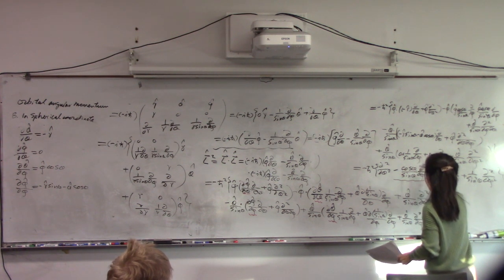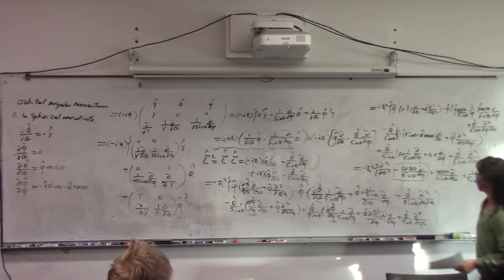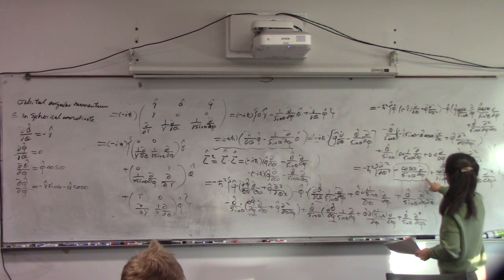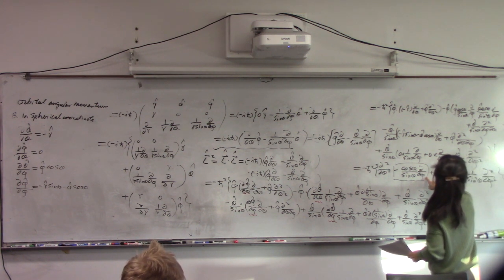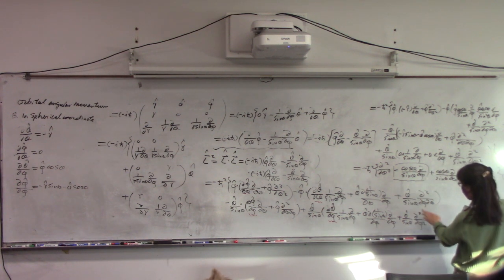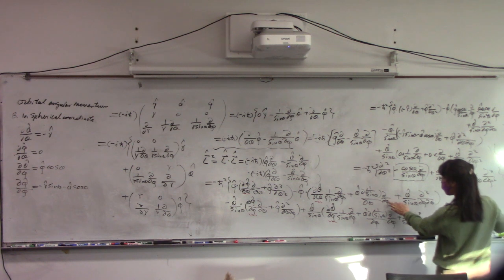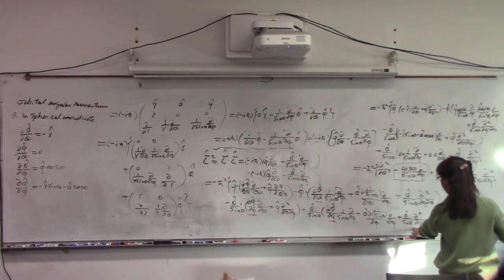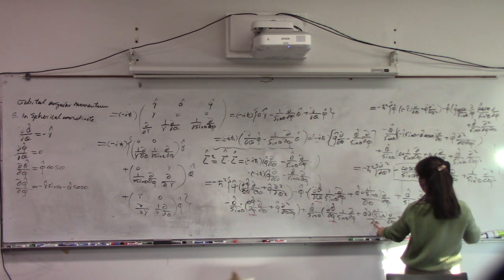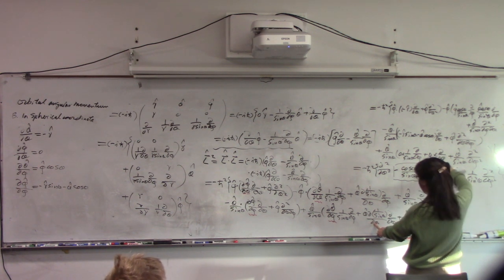The derivative of sine theta with respect to phi, shouldn't that be 0? Yes, the derivative of this sine theta is 0.